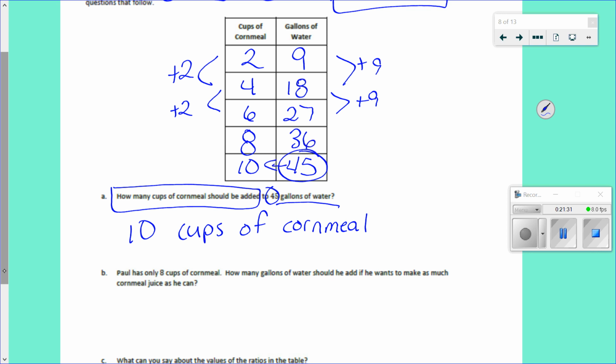B says Paul only has 8 cups of cornmeal. How many gallons of water should he add if he wants to make as much cornmeal juice as he can? So I find cornmeal, circle my 8. How many gallons of water do I need? 36. 36 gallons of water.